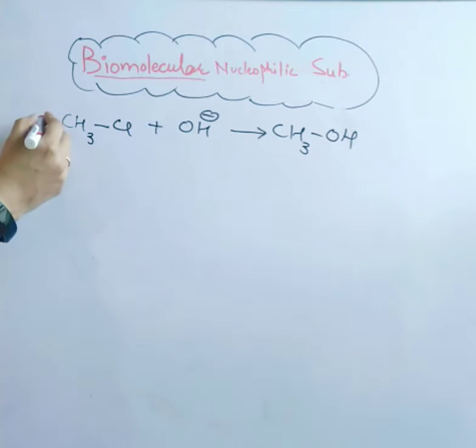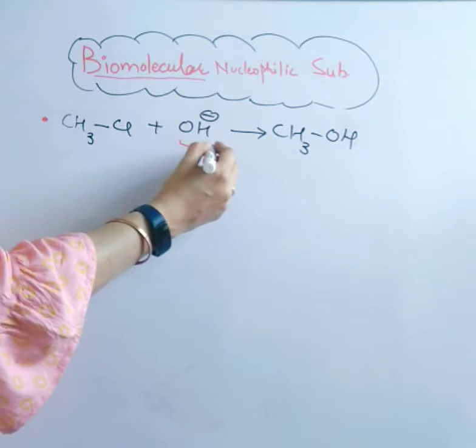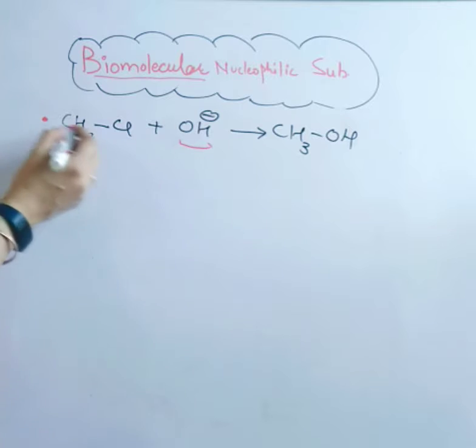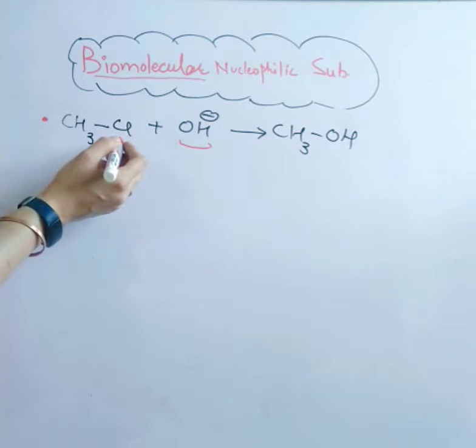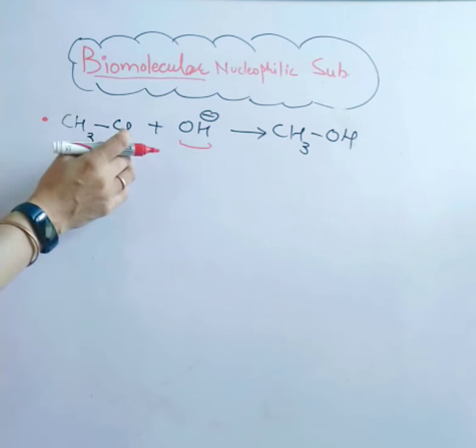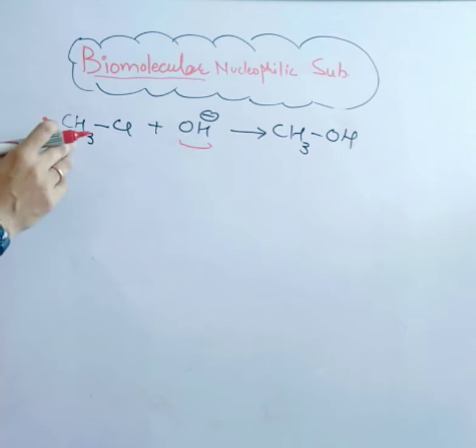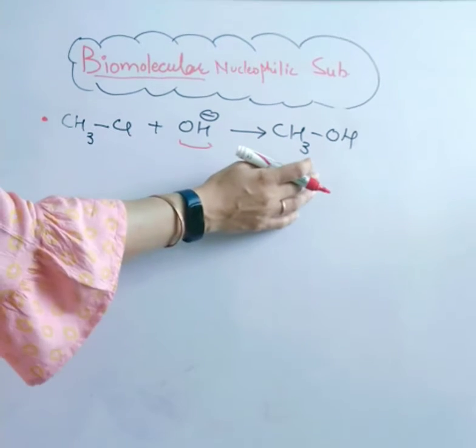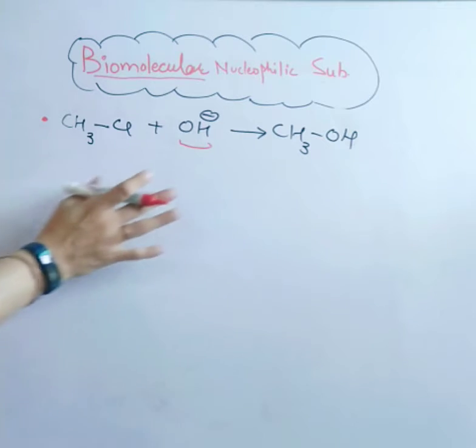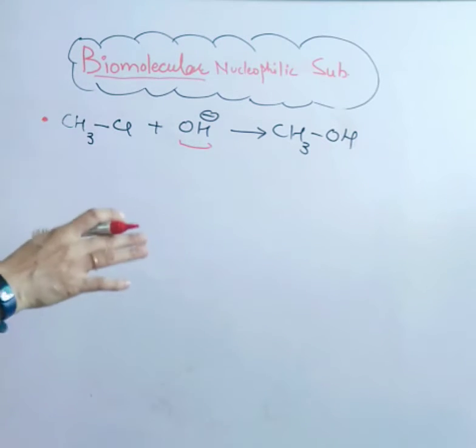This reaction was taking place with the help of a nucleophile. We know that carbon was partial positive, chloride was partial negative. Then there is the attack of the nucleophile, there is bond formation and bond breaking, resulting in formation of methanol. We know this mechanism, we have done it in an earlier video.